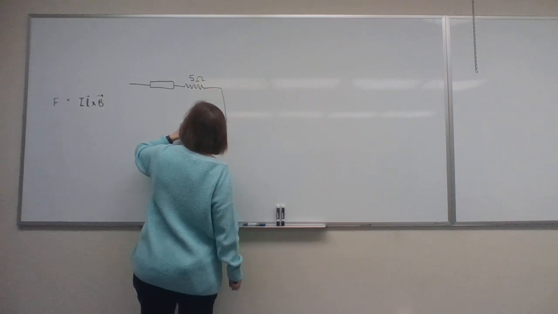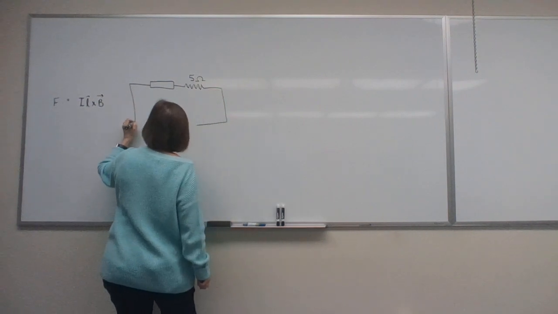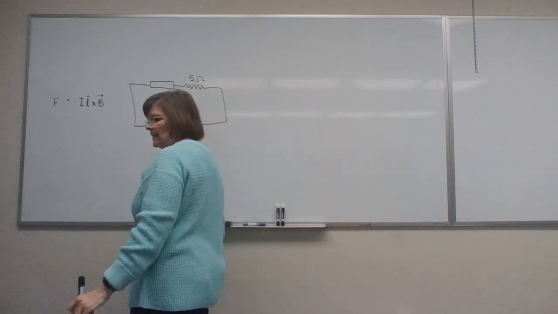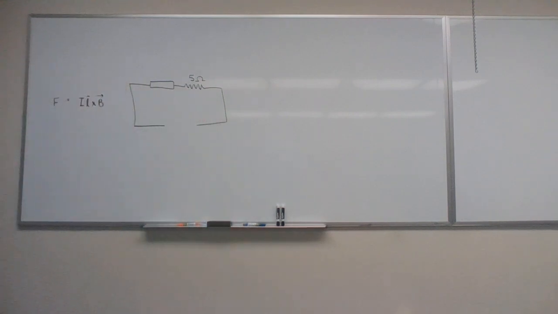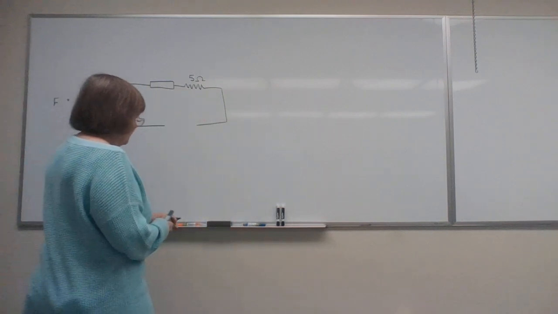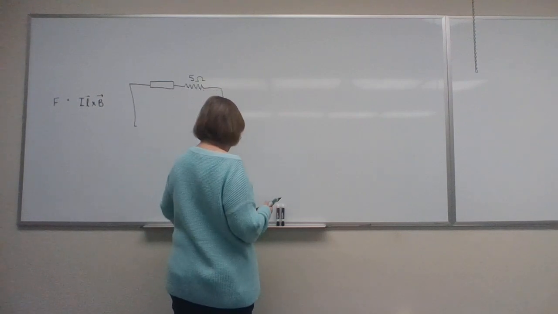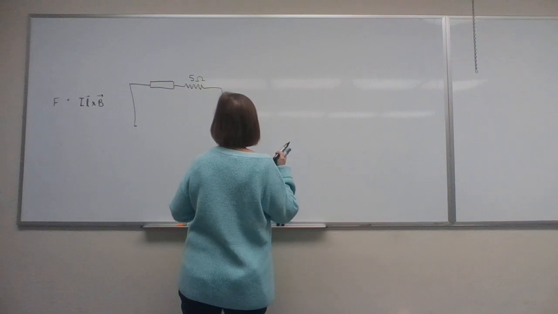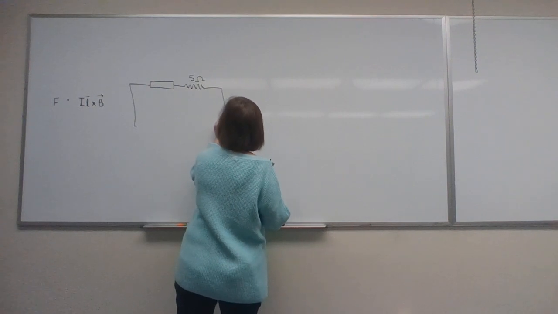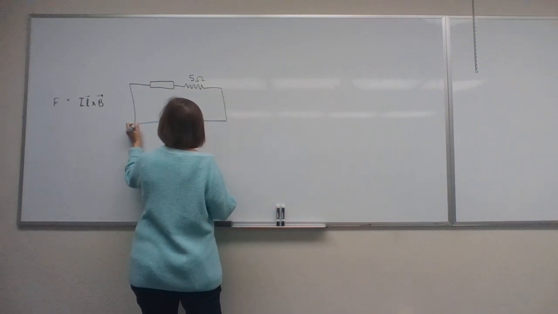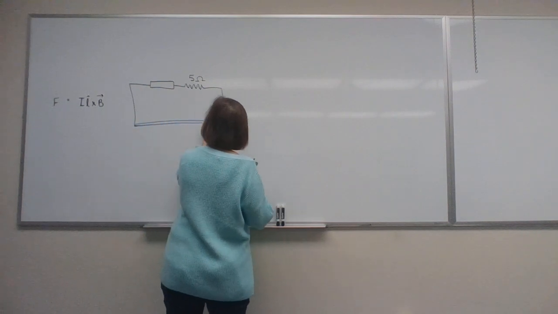Down here we've got, let's see if I can draw this the way they did, just a metal rod. It's actually separate. It can come loose. So here's this metal rod here.